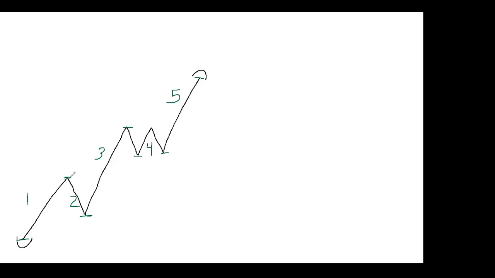Because just like each individual wave right here has a retracement, this first whole wave is going to have its own retracement. Okay? And it's going to go from this high to this low. Well, let me change this color to blue.